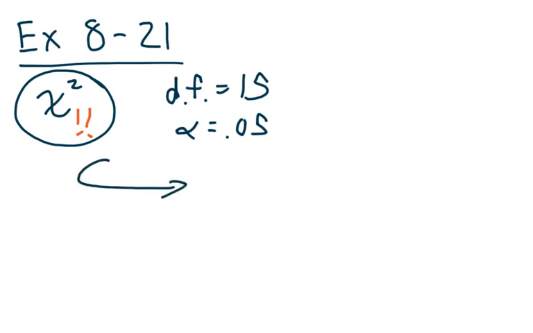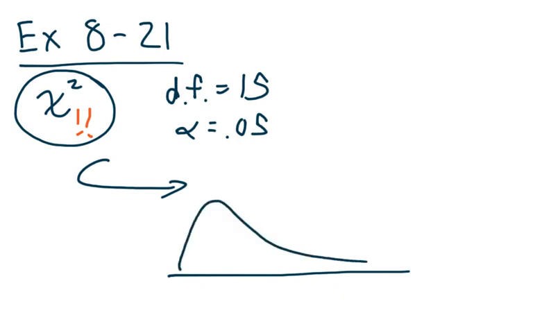Whenever I'm finding any kind of critical region or critical value, I'm always going to create a little sketch of the distribution. In this case, the area underneath the curve that I'm shading is on the right side, and this area is going to be 0.05. Now, this right here is the critical chi-squared value that we're searching for. And that's what we'll look up in the table.